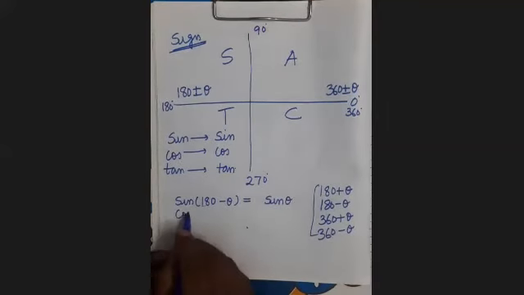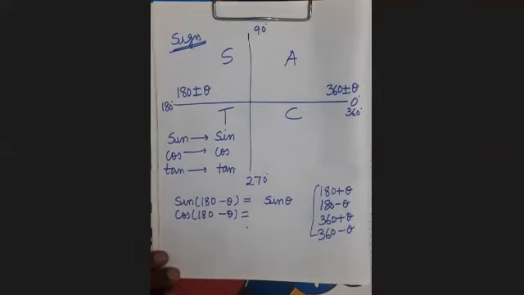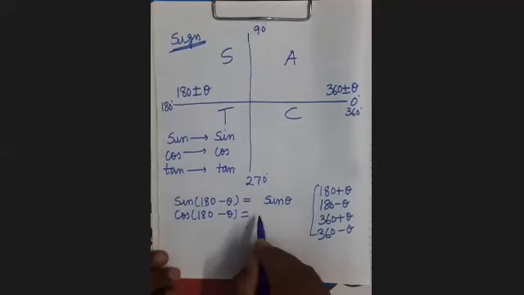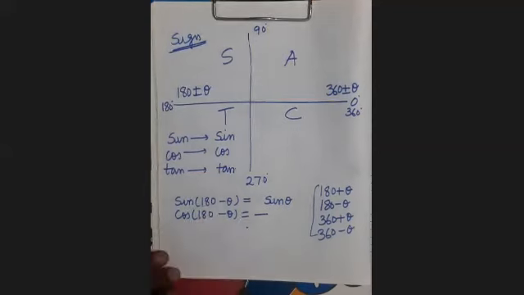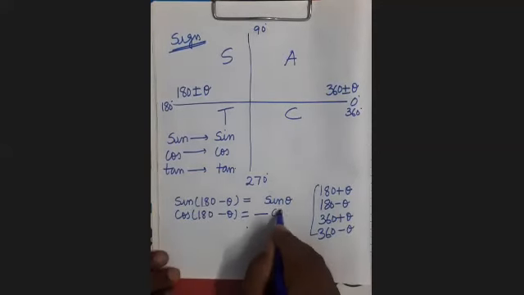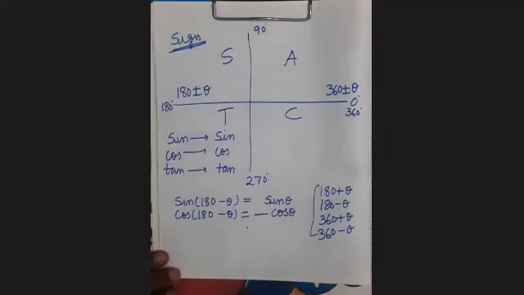What is cos 180 minus theta? First you determine the sign. Negative. Very good. And at this angle cos changes into cos. जो angle इस type का होता है, cos में ही change होता है. It is clear?